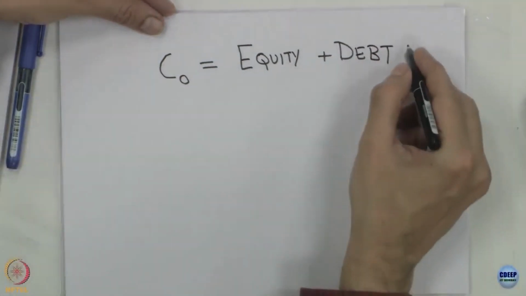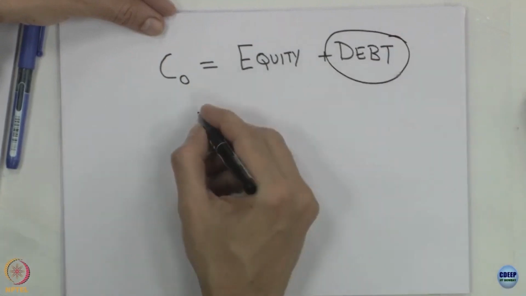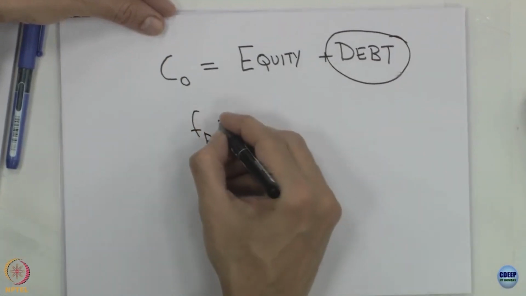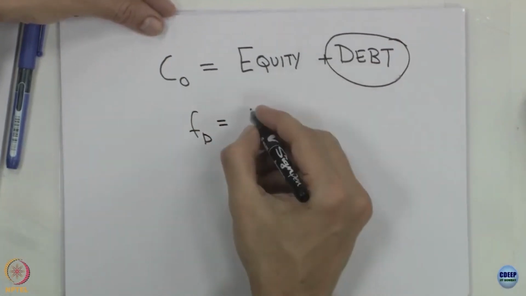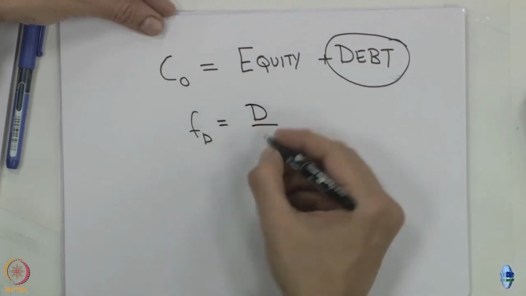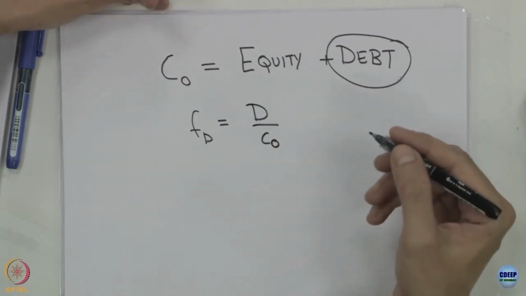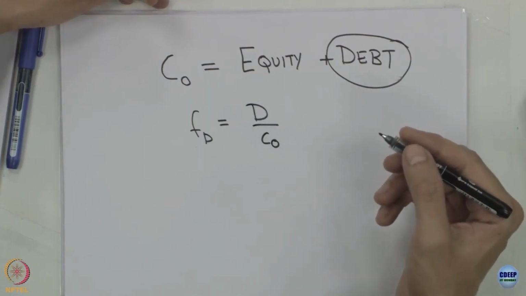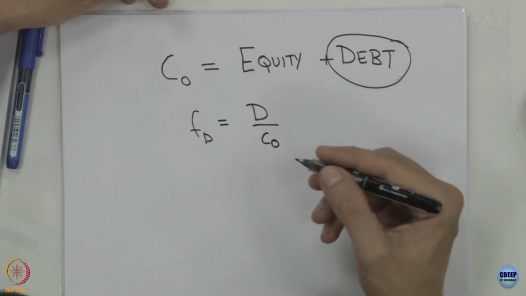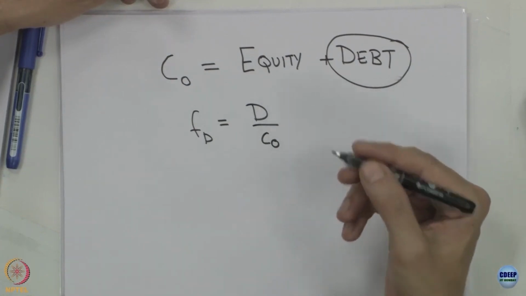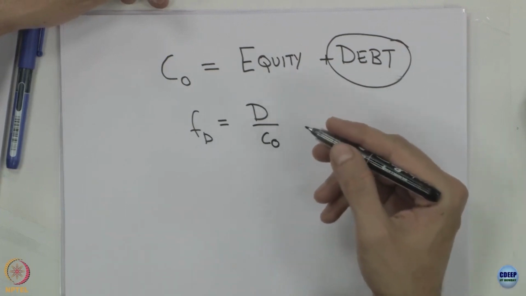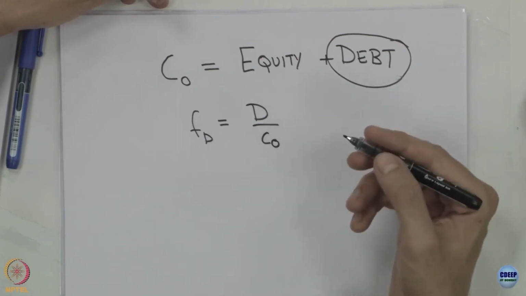So the fraction of debt is D by C0. And normally whenever one thinks in terms of taking a loan, there will always be a certain minimum amount of equity, or your own contribution, that you need to pay.